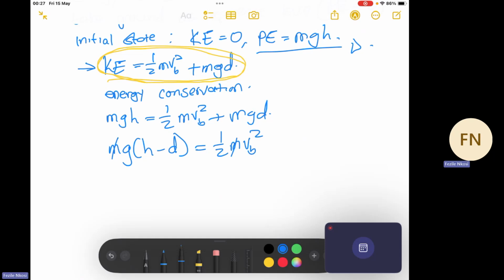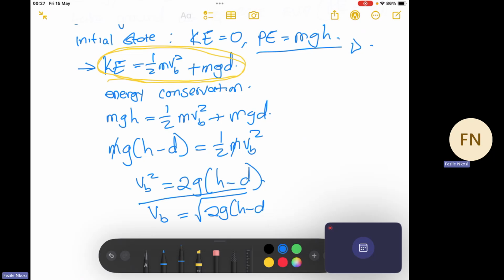And then we are left with what? v b squared is equal to, multiplying by 2 on both sides, 2g(h minus d). Then v b is equal to the square root of 2g(h minus d). Now this is our answer for A.